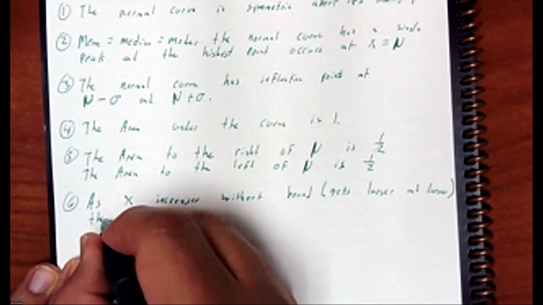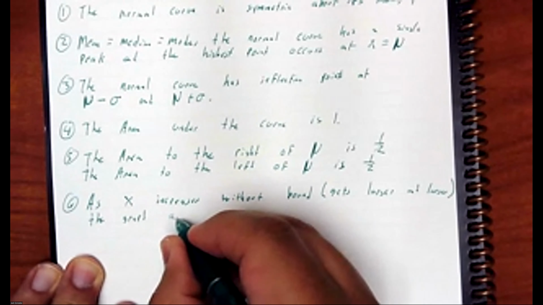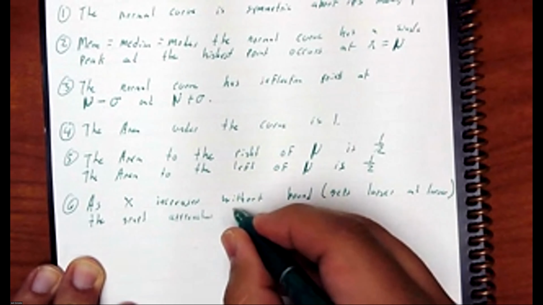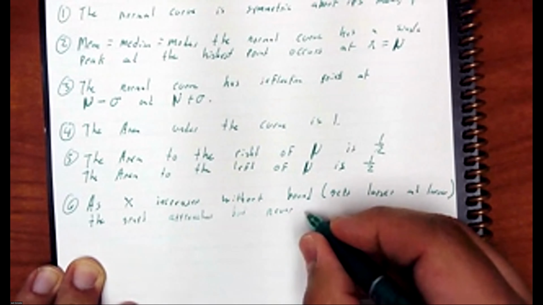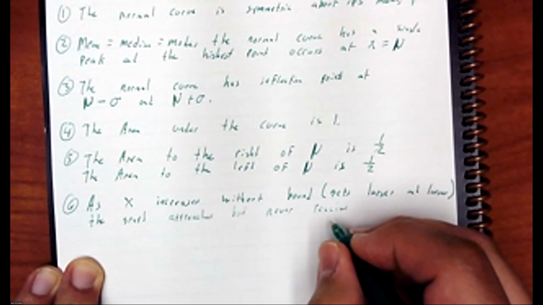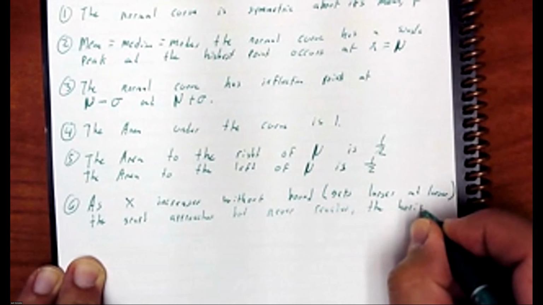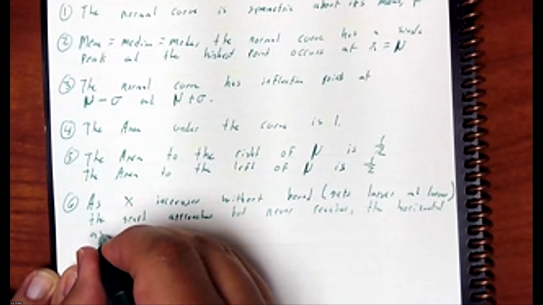The graph approaches but never reaches the horizontal axis.